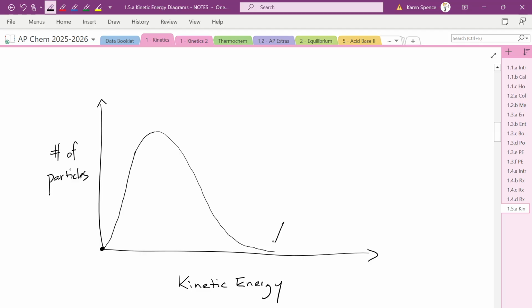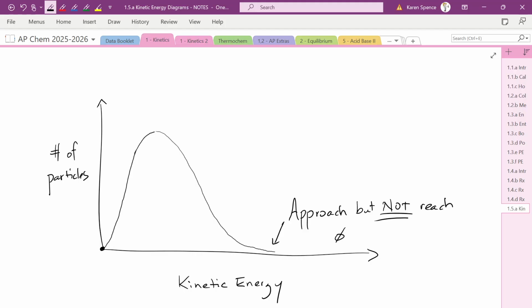Okay? It should approach but not reach 0, because that is an asymptote. Theoretically, you could have an infinitely fast particle.